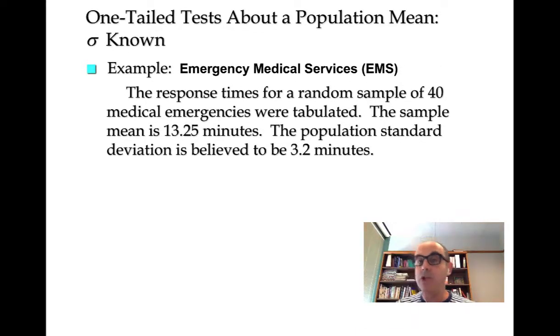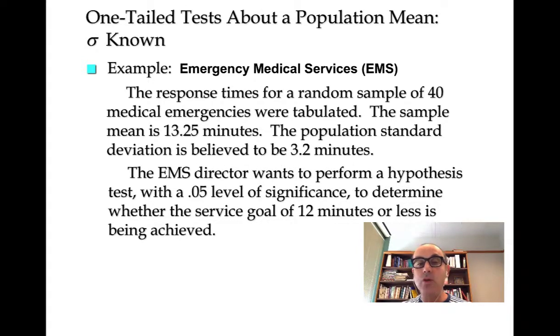Example, again: the response time for a random sample of 40 medical emergencies was tabulated. The sample mean is 13.25. The population standard deviation is 3.2 minutes.